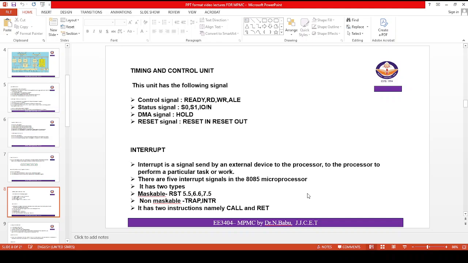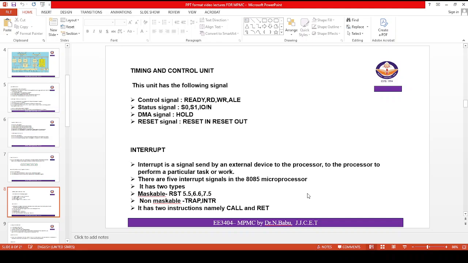Okay. Then if any IO device, for example the DMA controller, wants service from the processor's address bus and data bus, how does it get it? By using two signals. How does the DMA communicate with the processor? By using two signals: one is called hold, another one is called hold acknowledgement.